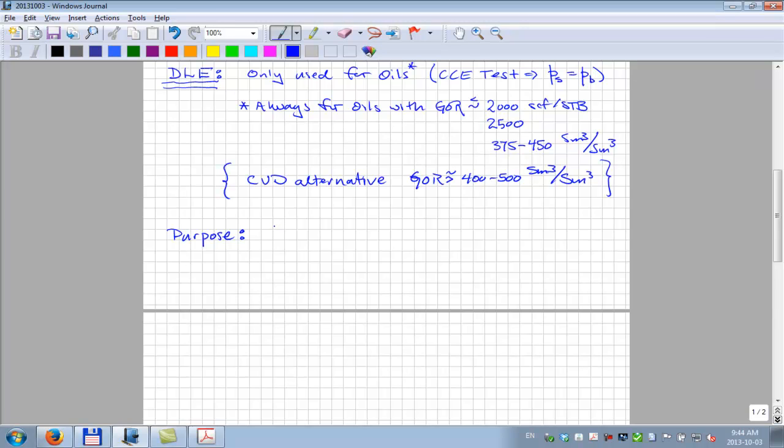So basically it's to get the properties of oil and gas phases at reservoir temperature as a function of pressure less than or equal to the bubble point pressure.